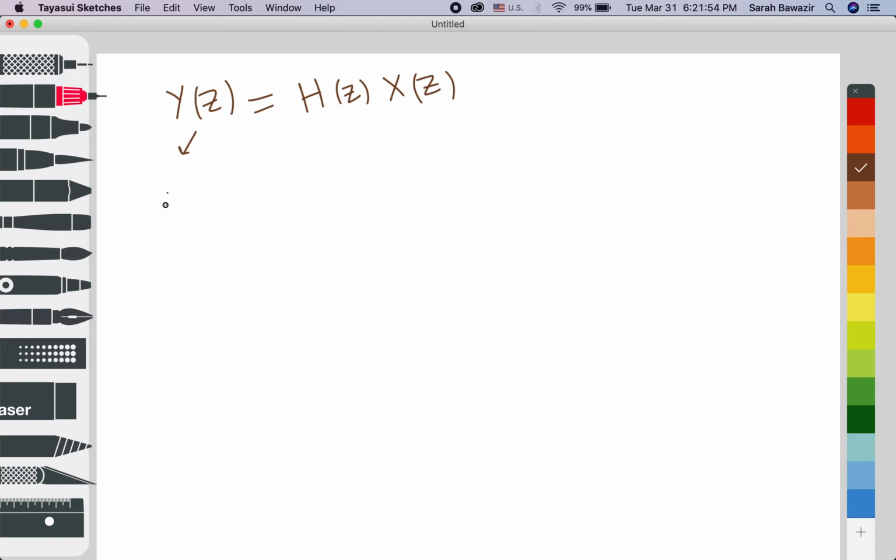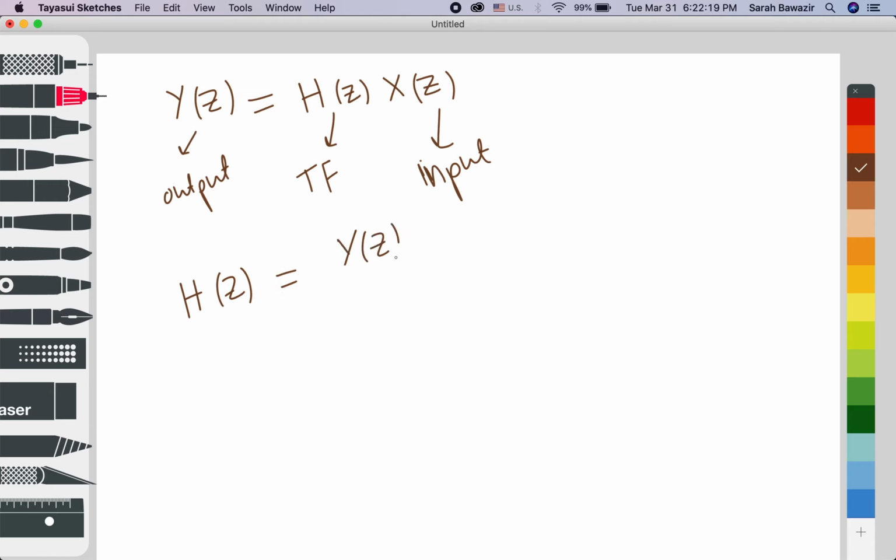So this is the output, this is the transfer function, and this is the z transform of the input. Now just rearrange to get H of z. H of z is Y of z over X of z.